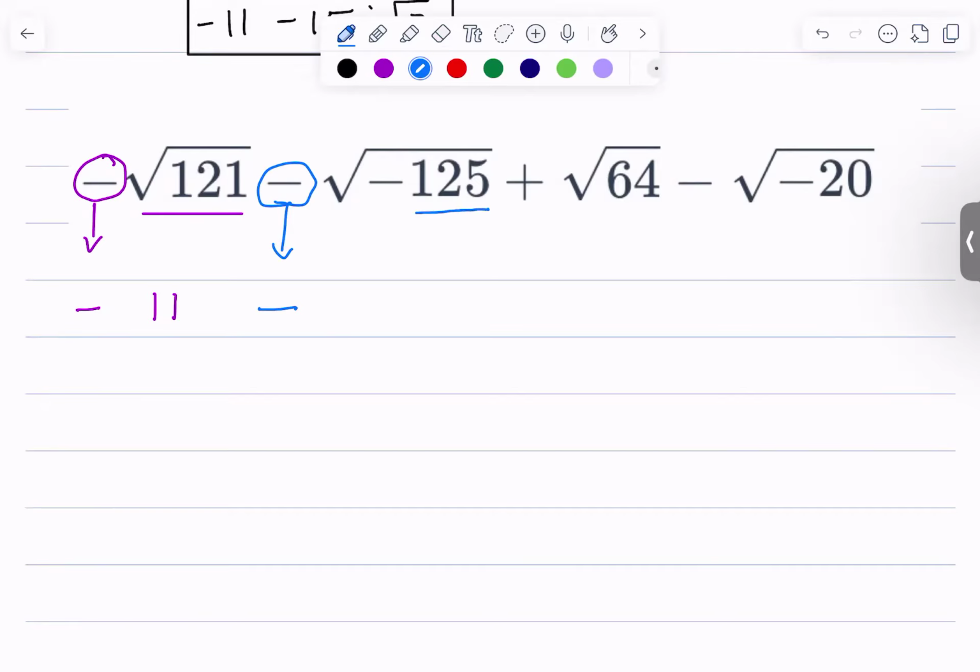Okay. What is the square root of negative 125? I just want the simplified version. Who can do that in their heads? Negative 5i minus 5i square root of 5.